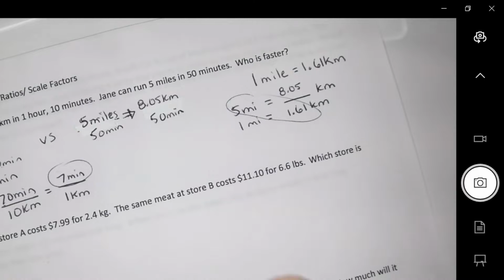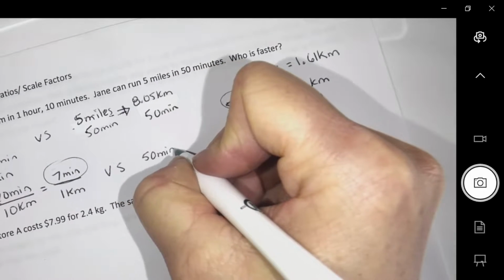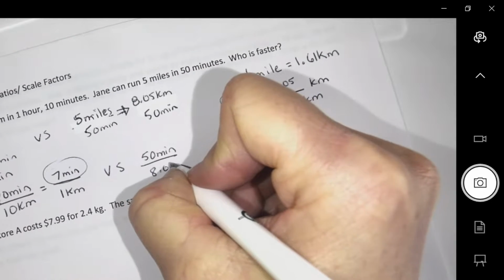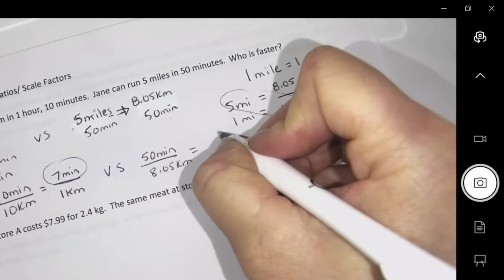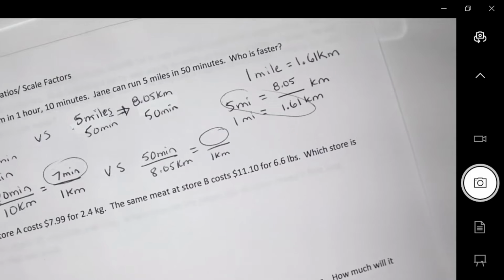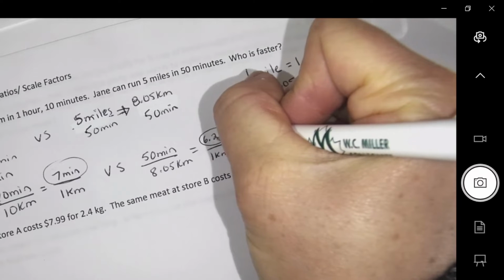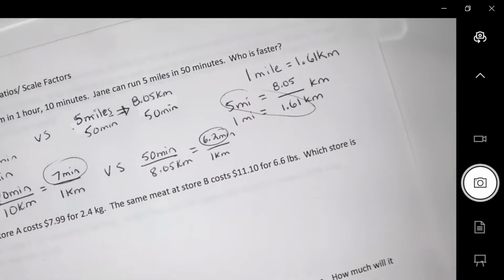Okay, versus we had 50 minutes to go 8.05 kilometers. So who is faster?